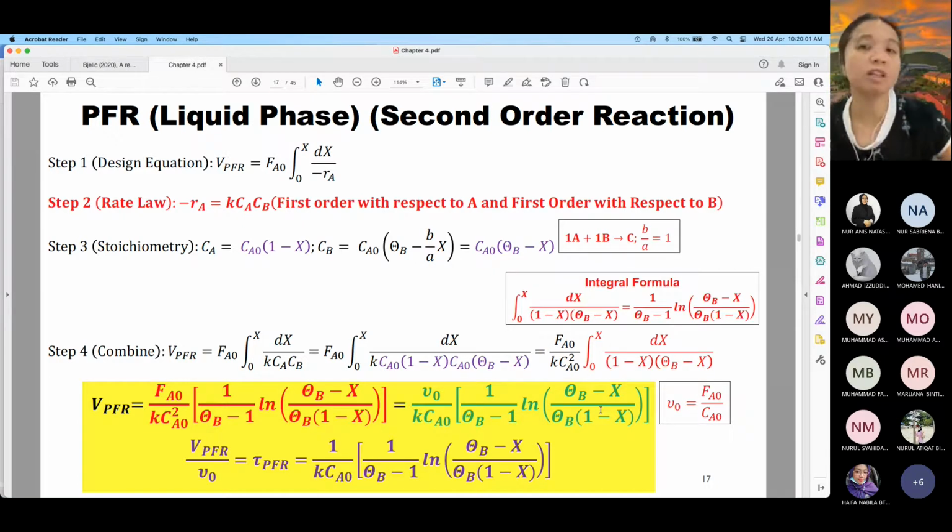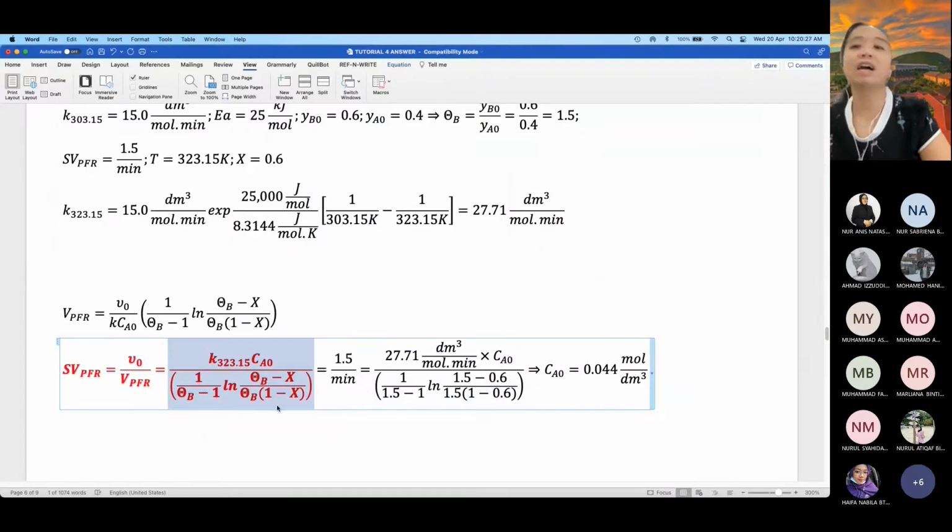Using this version we can also find space velocity. The third version can be used too because the third version is space-time. Remember, space velocity is 1 per space-time. So if you want to convert this to find space velocity, you just invert it. That's why KCA naught will be on top and the big bracket at the bottom. It's the same as what I derived earlier in the question. Either you derive from the space-time or from the volume, you will get the same final design equation to find the space velocity. That is what I actually wanted to tell you so that you are not confused.